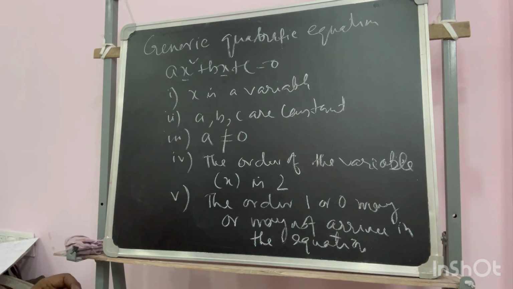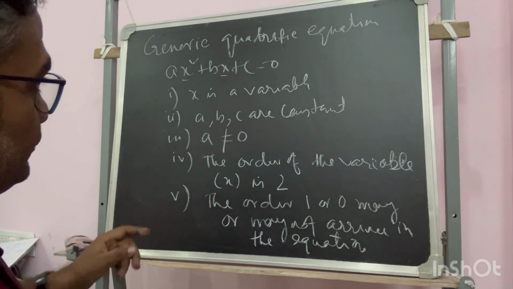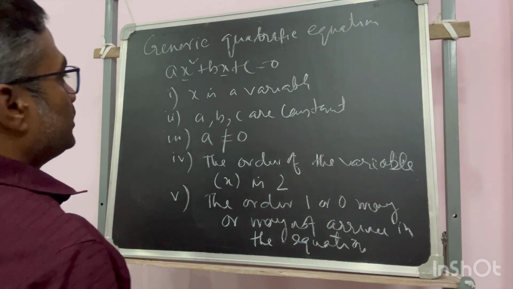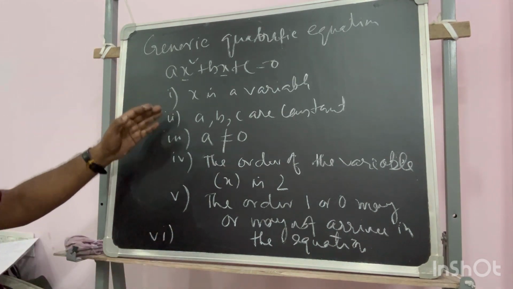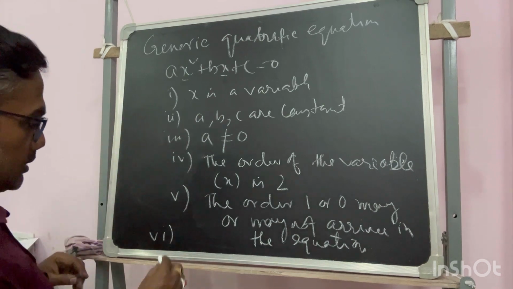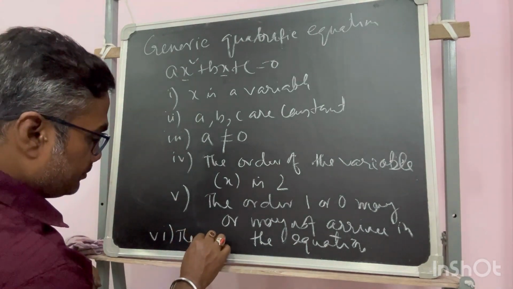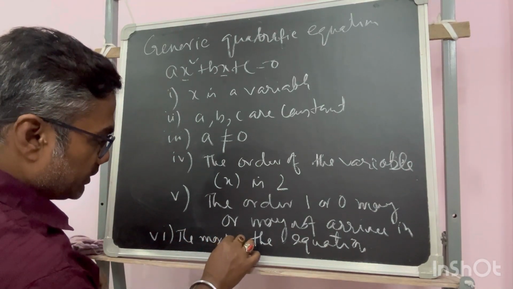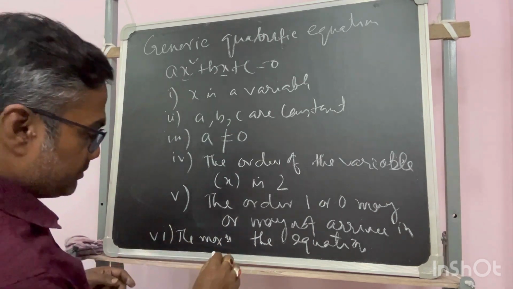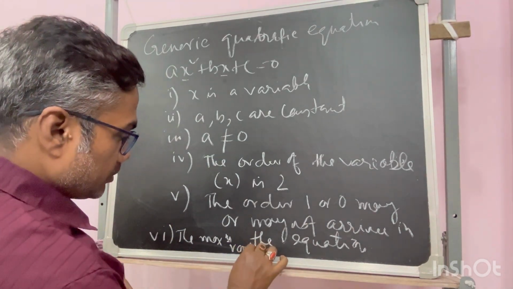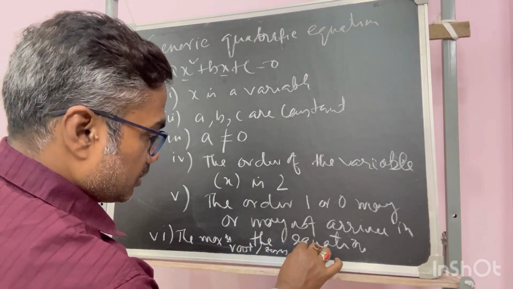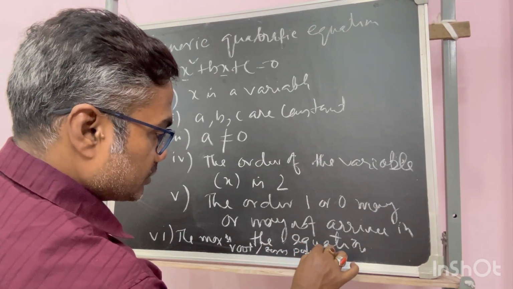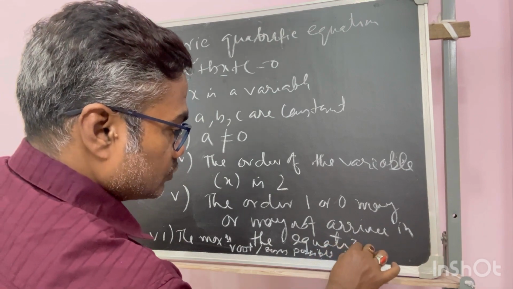So the fifth is this one. If I say sixth, this is just the extension of that. Here I am using that the maximum roots or zeros possible is 2.